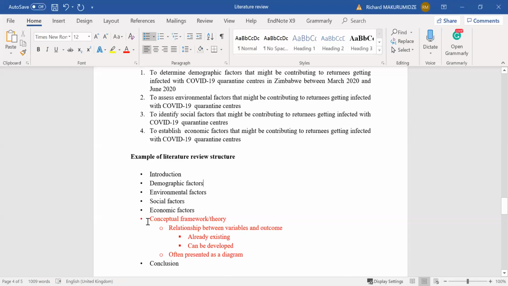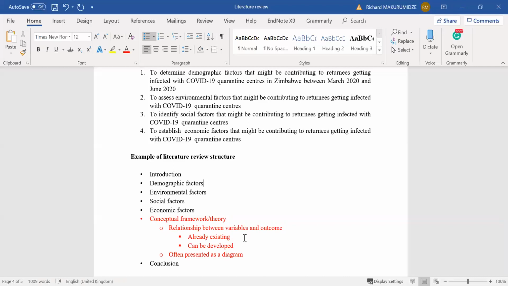You can develop your own framework depending on how you understand the relationship, or use something already existing which other researchers have done and shown to be good. If you combine this and this and this and this, it will give you COVID-19 infection.